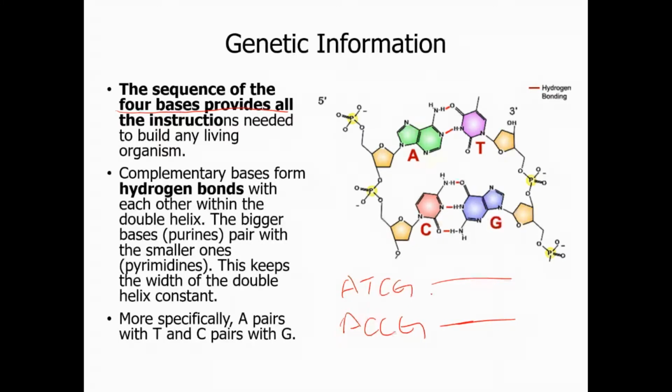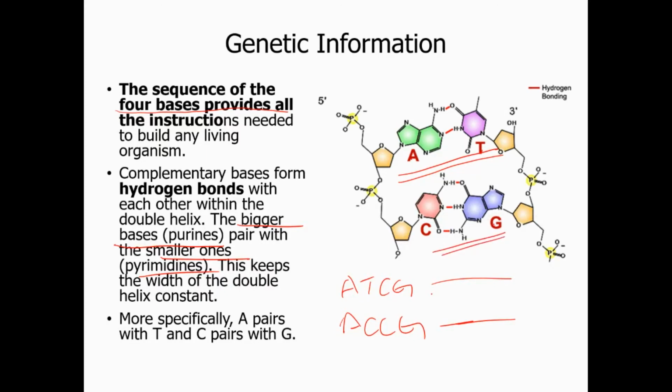Complementary bases form hydrogen bonds with each other within the double helix. We already talked about this, right? The base pairing is achieved by forming hydrogen bonds. Usually when you have hydrogen bonding, a bigger base, which is a purine, is paired with a smaller base. And it's always the case, right? A pairs with T; A is a purine, and T is a pyrimidine.